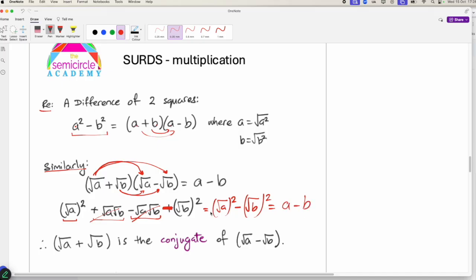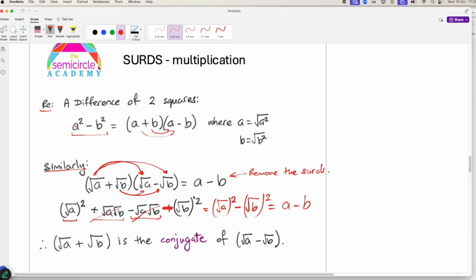It's pretty much the same principle. So this means that if I had the root a plus the root b, and I multiply that by the root a minus the root b, we will remove the surds. So this is our way to remove the surds. Remember, surds are irrational numbers.